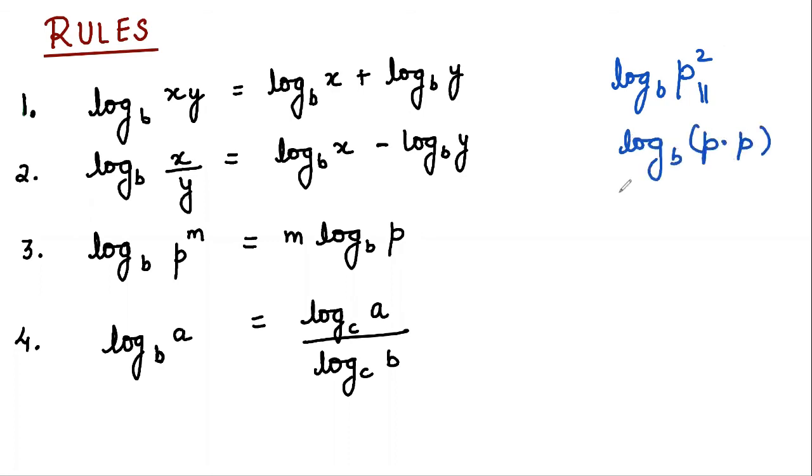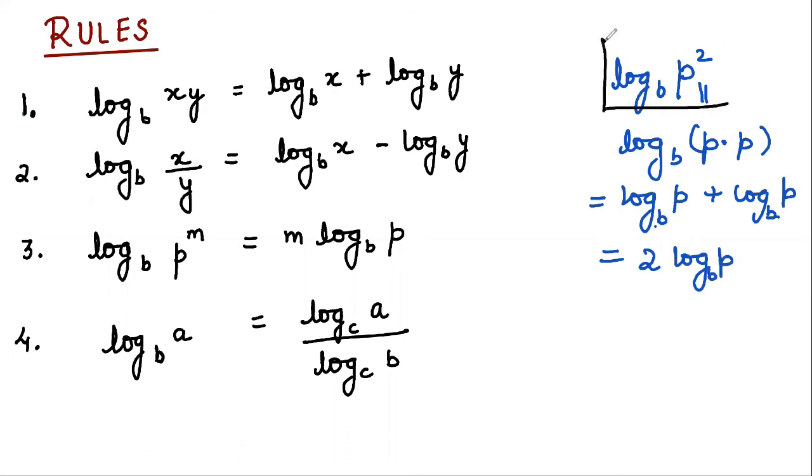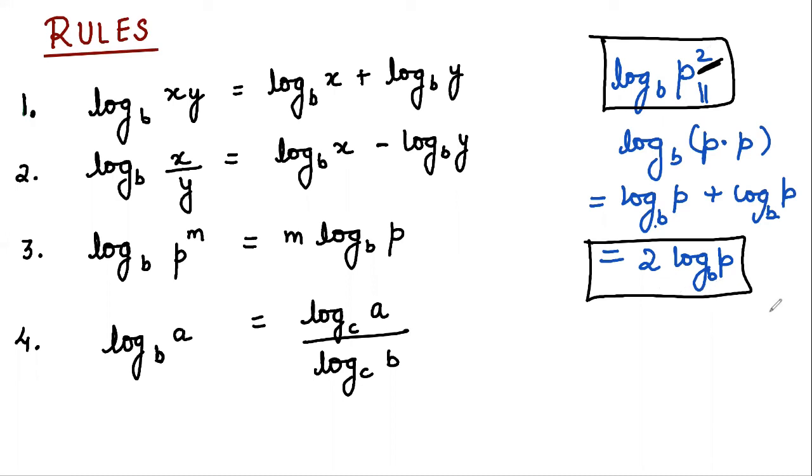Now by property 1, this can also be written as log p to the base b plus log p to the base b. Both of them are the same, so you can write it as 2 log p to the base b. So if the power is m, it will be m log p base b.